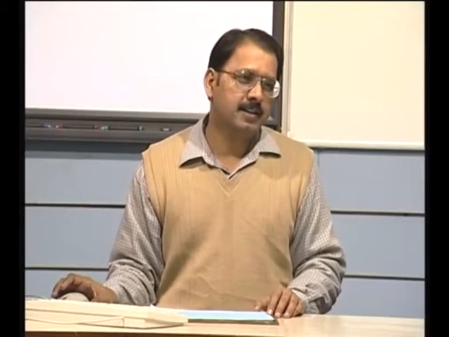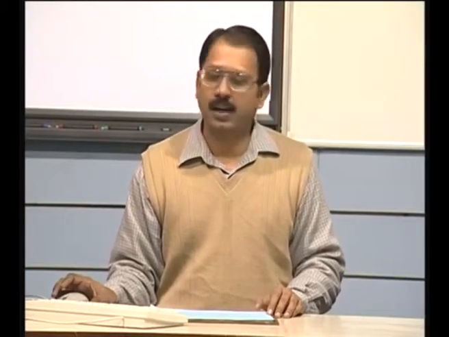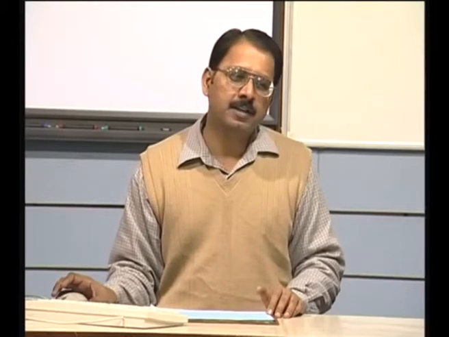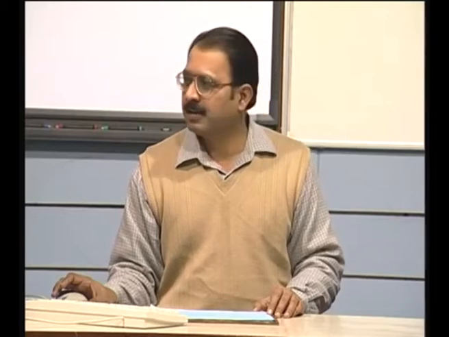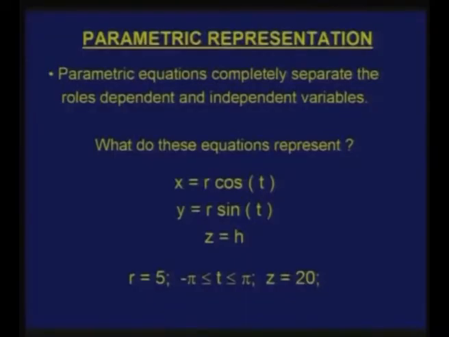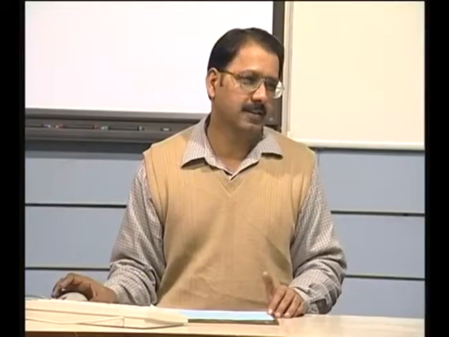Now, I can extend this to higher dimensions too, and you get different representations by varying different entities. For example, in these equations, instead of varying the variable t, I may have varied either r or h. If I do that, what will I get?